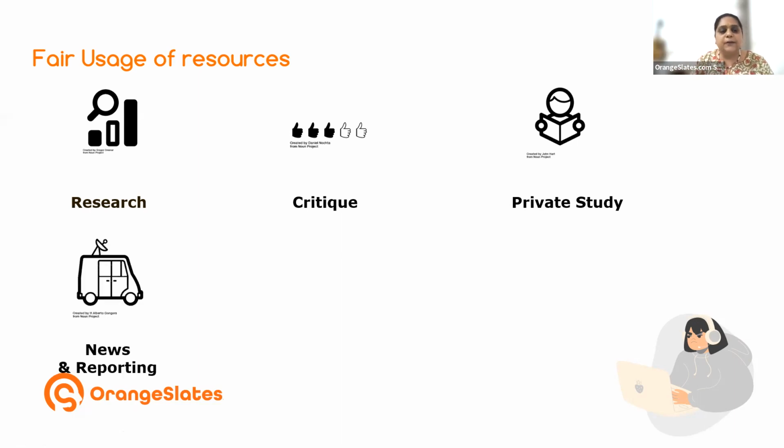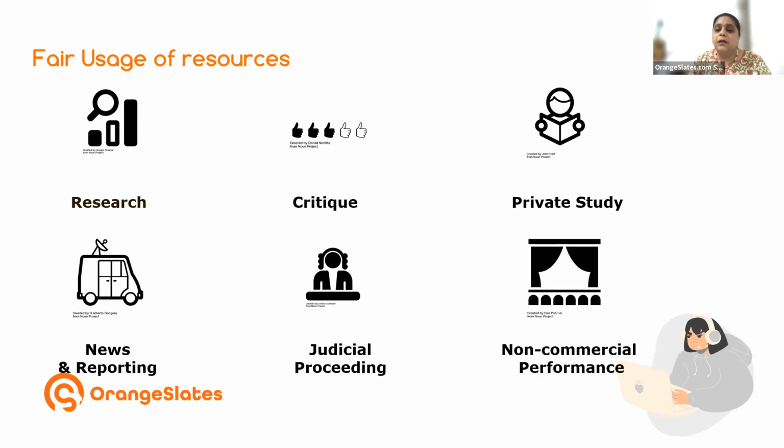You can use it for private resources. You can use it for news and reporting. News people have to have access to a lot of resources, so they're allowed to use it as long as it is for news and reporting. Obviously, judges are allowed to use any resources for their judicial proceedings.